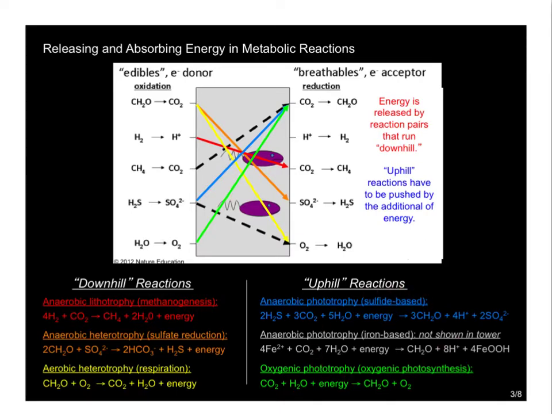The trick to making these kinds of reactions run is to be able to find some additional source of energy to push them uphill. This challenge is met by a group of organisms called the phototrophs or photoautotrophs. Phototroph translates as light-eating organisms. They obtain the energy to drive these redox reactions uphill energetically by harvesting energy from light.